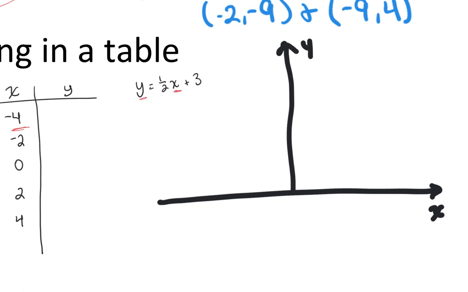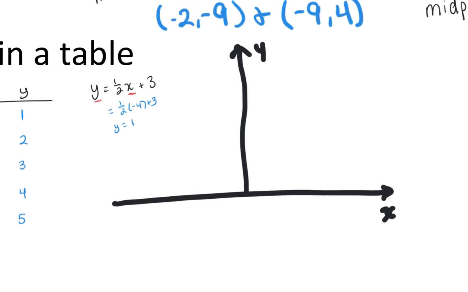So for the first one, if I input 1/2 times -4 plus 3, I'd get y as 1. So that means our y here is 1. And then if I do that for all the other points, I'll get y is 2 for -2, y is 3 for 0, y is 4 for 2, and y is 5 for 4.